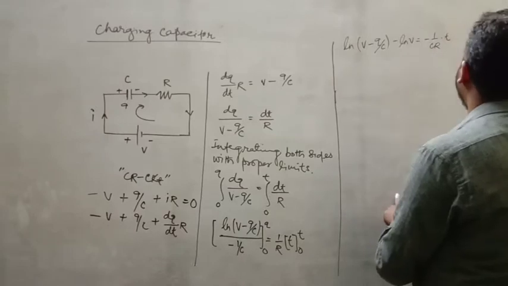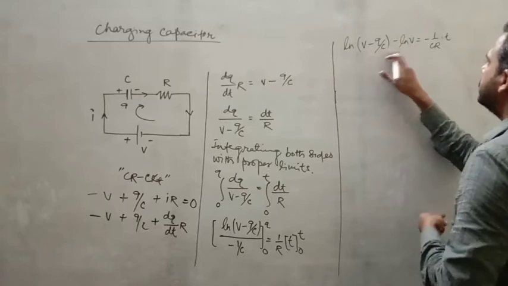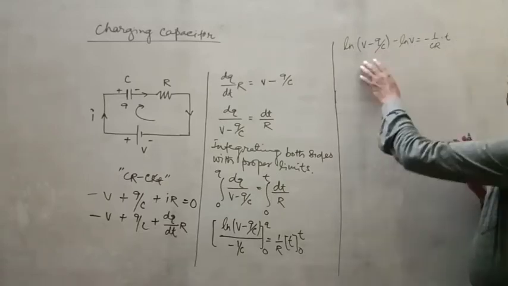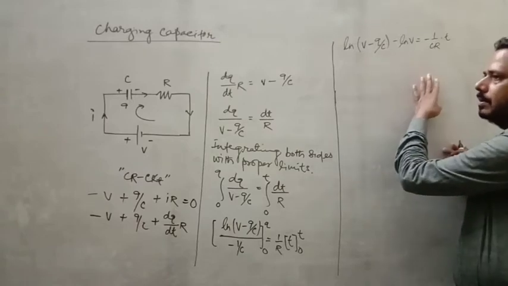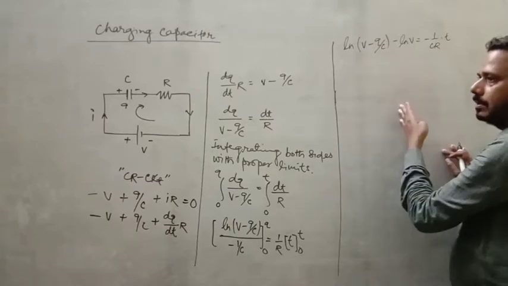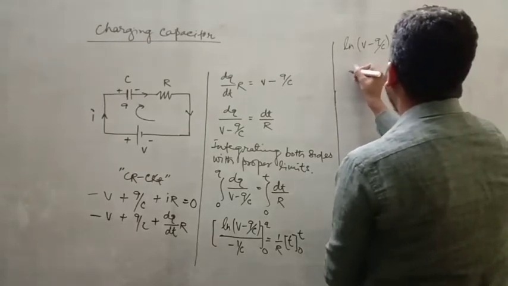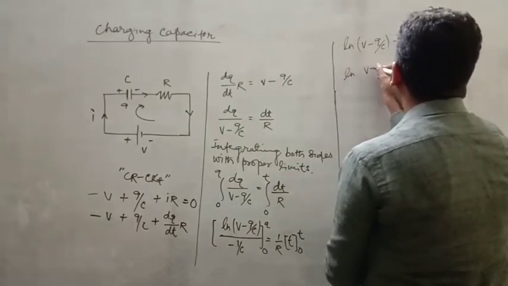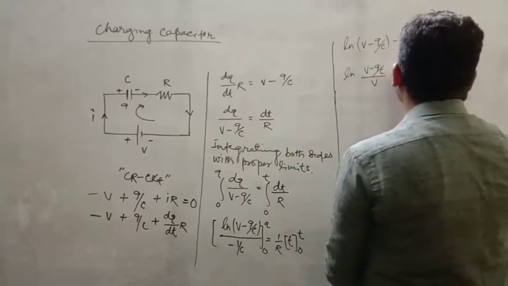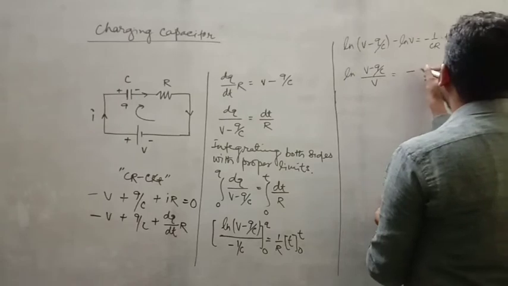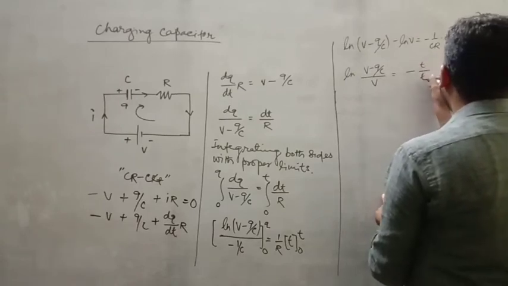Now again, based on the formula ln a minus ln b is equal to ln a by b, just simply write down that this one is ln of (v minus q by c) divided by v, and that is equal to minus t by cr, also written as tau c.